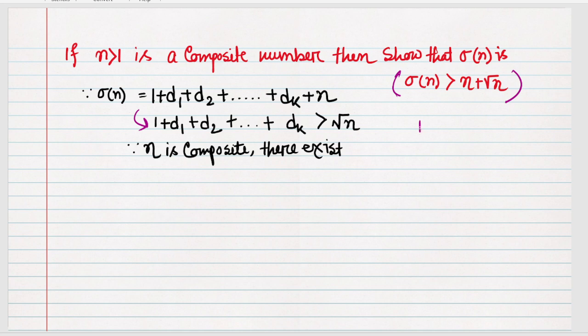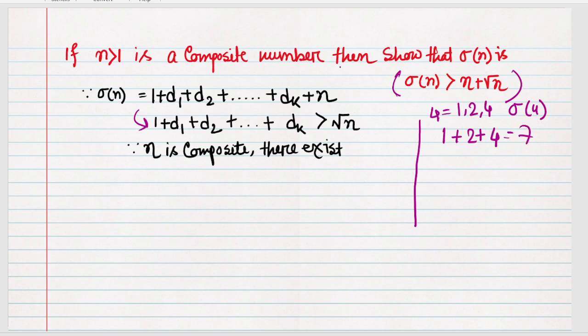What the statement actually says, I am giving you an example. The divisors of 4 are 1, 2, 4. So what will be sigma 4? Sigma 4 will be the sum of all the divisors of the number 4. That means 1 plus 2 plus 4, that is nothing but 7.